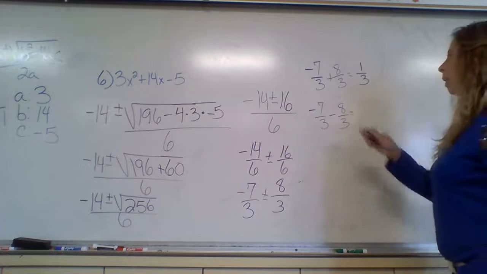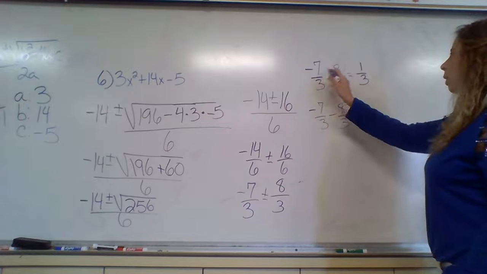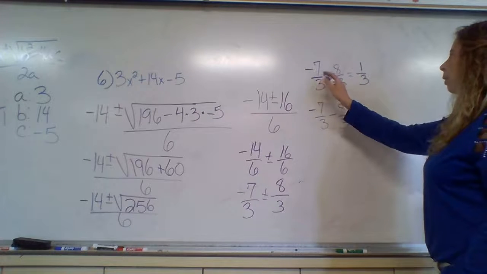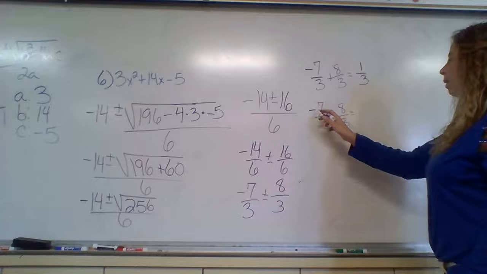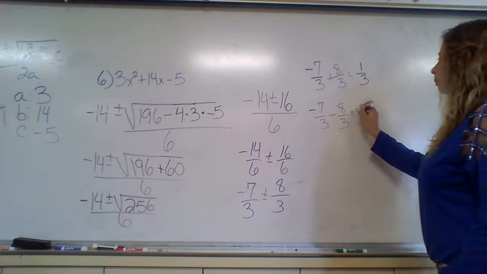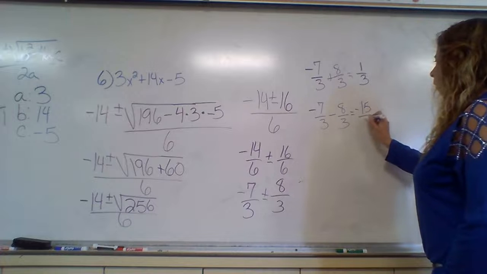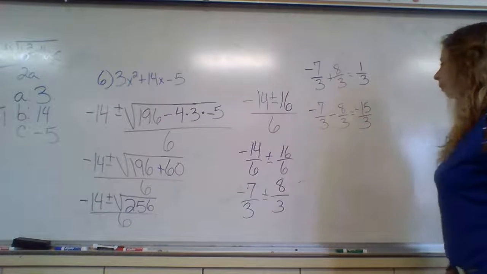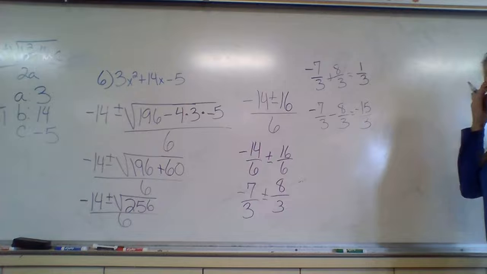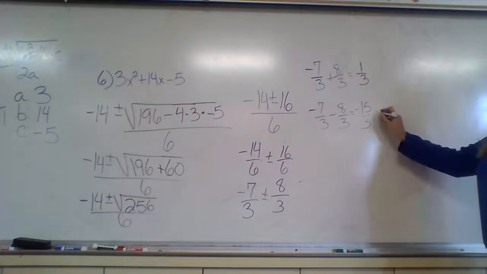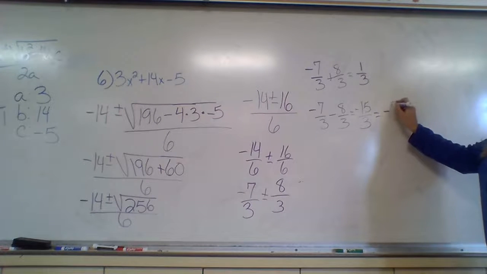Remember, your denominators are the same, so you're just dealing with the numerators. So negative 7 plus 8 is 1. Negative 7 minus 8 is negative 15 over 3, which is negative 5. Woo!